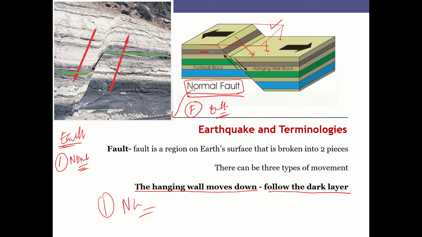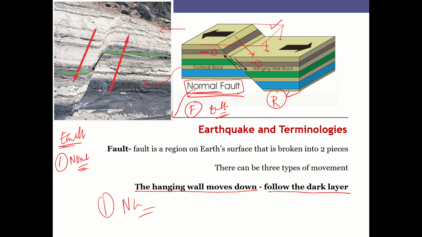So for example, let's say this is layer 1 and layer 1 has settled down here. This is theoretically how we can understand normal fault, and I have taken from the literature some books where this is actually explained. This is a real case.